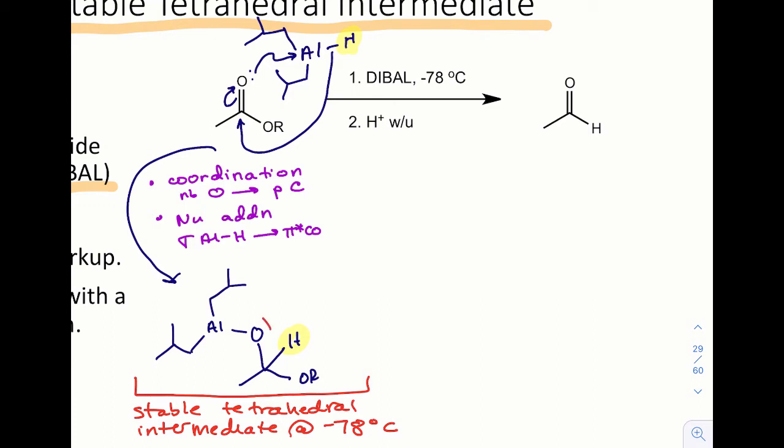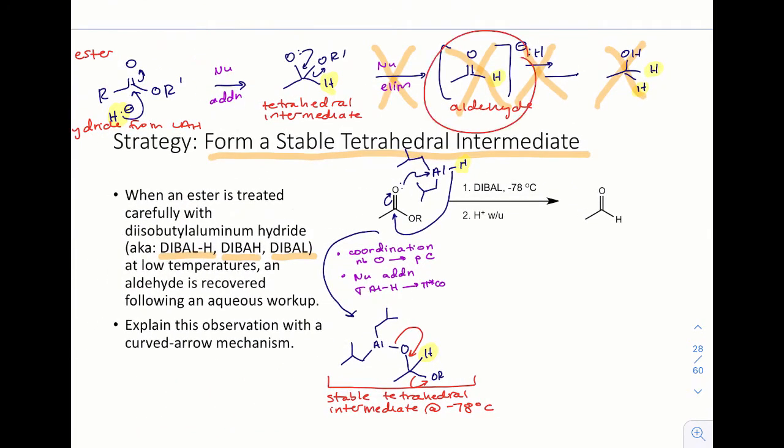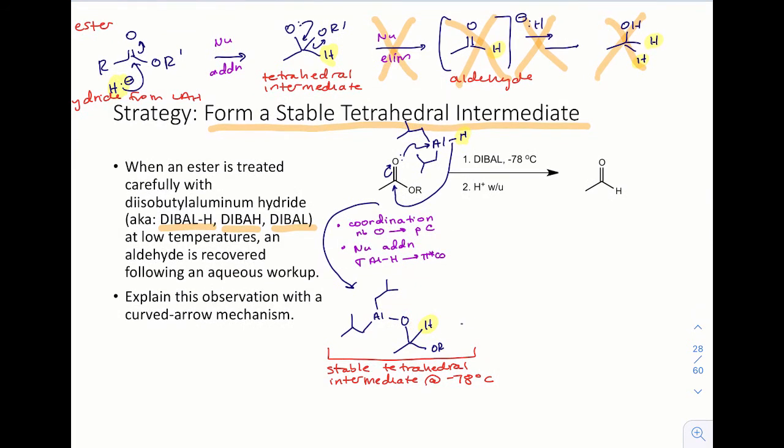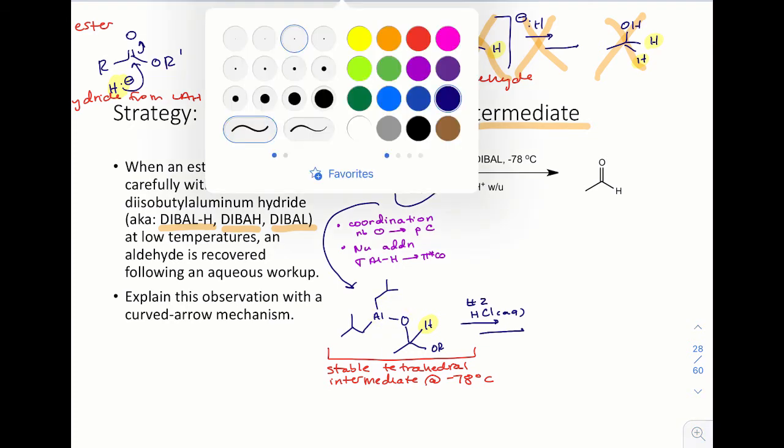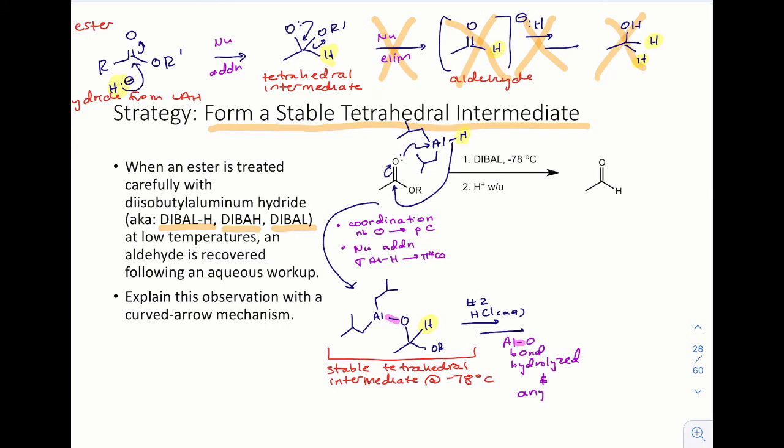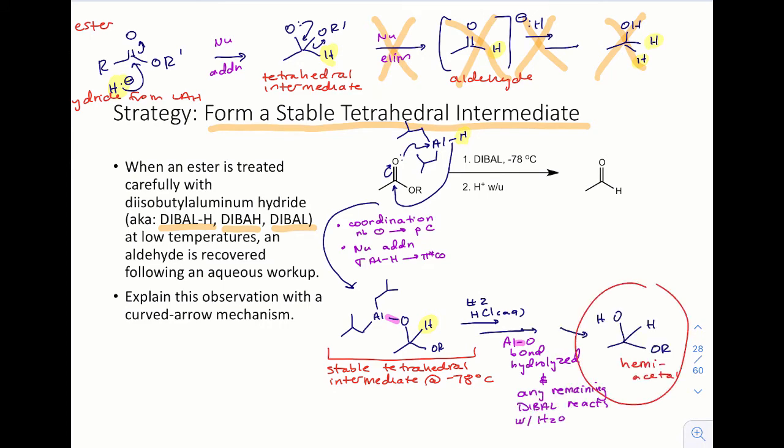So because oxygen is using its lone pair to make a bond to aluminum, there is no lone pair push, no expulsion of the alkoxy, no formation of the aldehyde. So upon acidic aqueous workup, step 2, the aluminum-oxygen bond is hydrolyzed, and we won't show the mechanism for that. And any remaining reductant reacts with water, resulting in this hemiacetal.